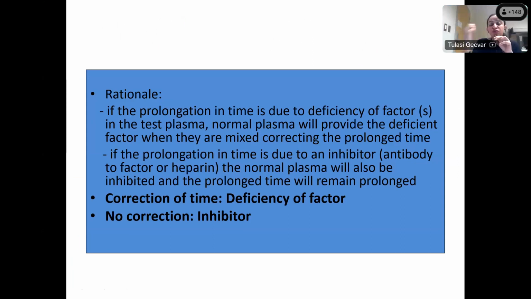So correction of time indicates deficiency of a factor. But if the prolongation is due to an inhibitor, which can be a factor antibody, or heparin, or lupus anticoagulant, the normal plasma will also be inhibited by the inhibitor in the patient plasma, and the prolonged time will remain prolonged. So correction suggests factor deficiency, and no correction suggests an inhibitor.